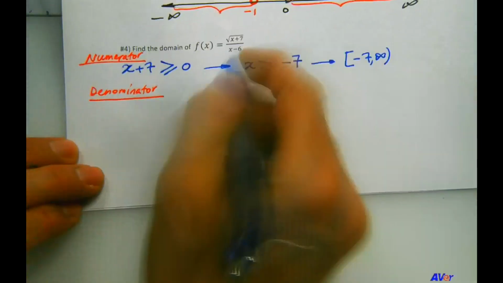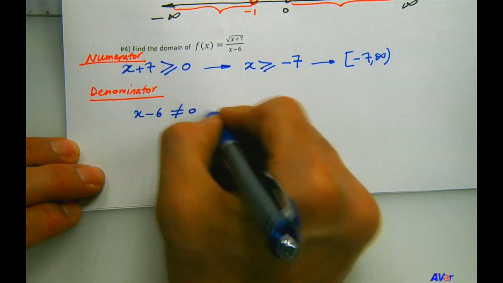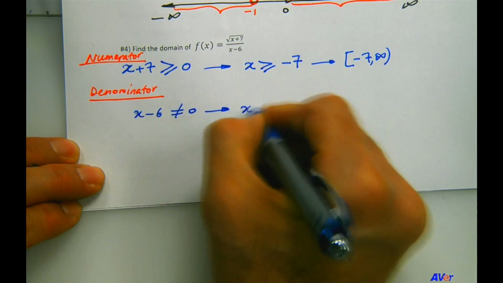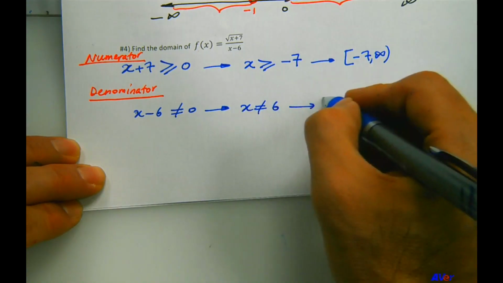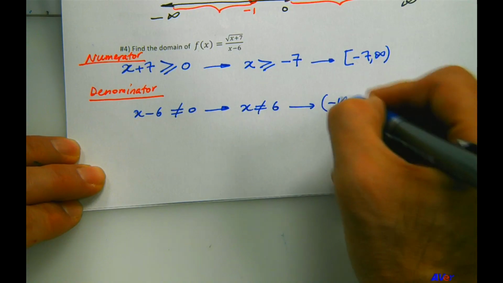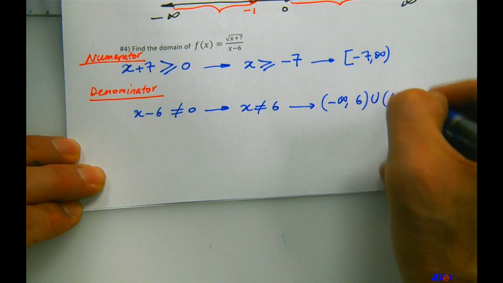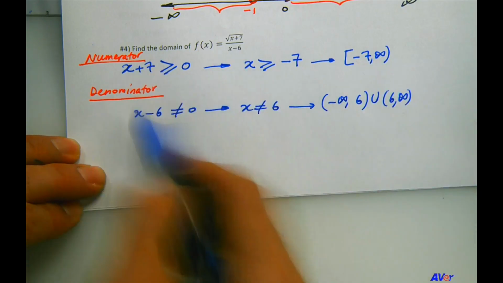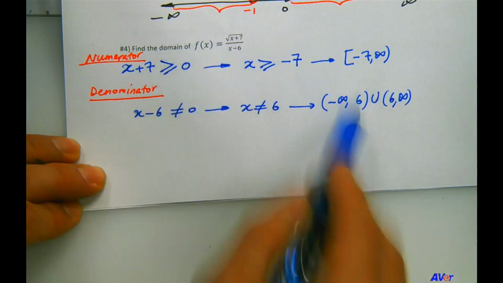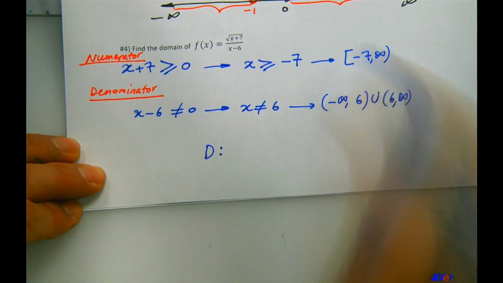The denominator is x minus 6, and we know it cannot be equal to 0. So x cannot be equal to positive 6. So in other words, according to this, we have -infinity to 6, union 6, positive infinity. So now, because these two form one function, we need to make sure that the final domain satisfies both these.